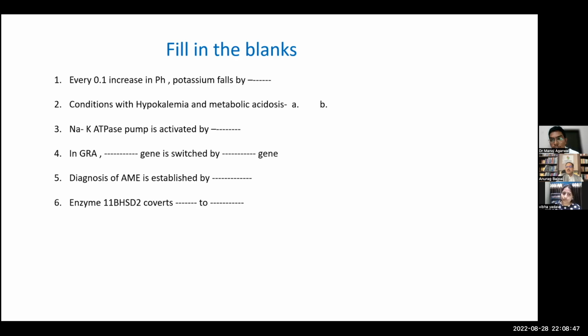Cortisol to cortisone. Correct? So this inactivates cortisol to cortisone. Dr. Rajiv Das has given the right answer. Dr. Rajiv and Dr. Dhani have the highest scores. Next time we'll do a quiz also probably in this format.